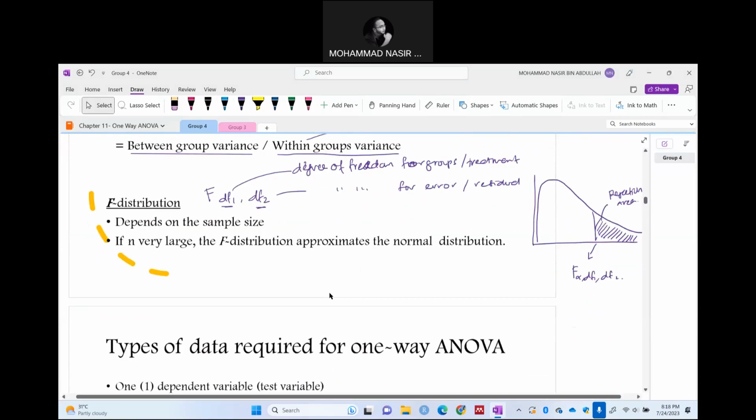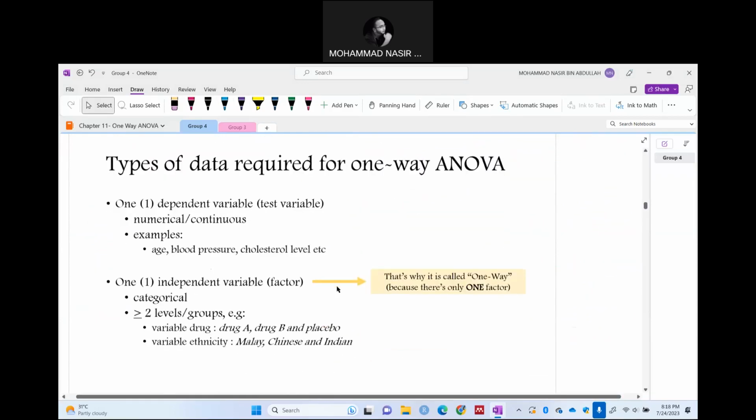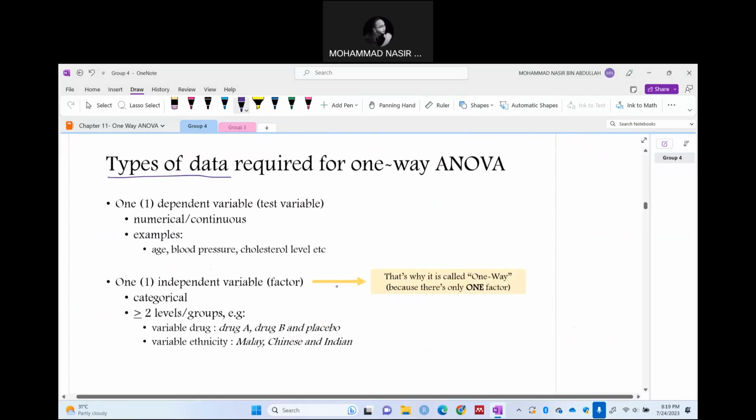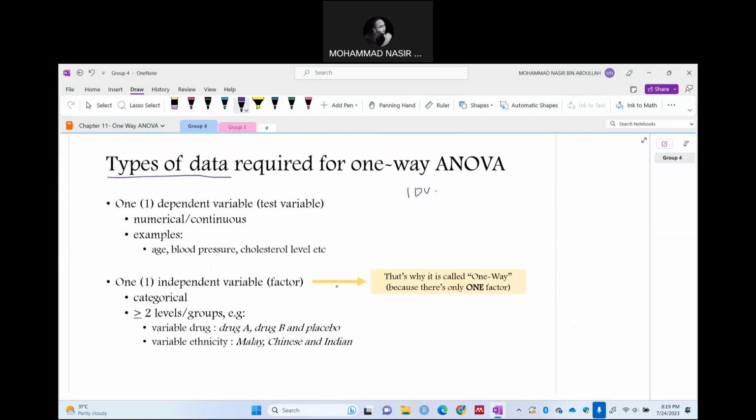For the data type required for one-way ANOVA, as I said, it requires one dependent variable and one independent variable. The dependent variable should be continuous, and the independent variable should be categorical data.